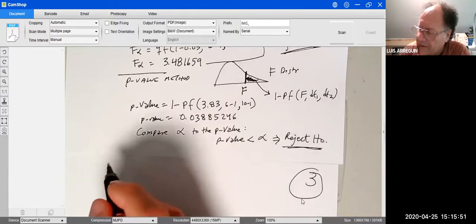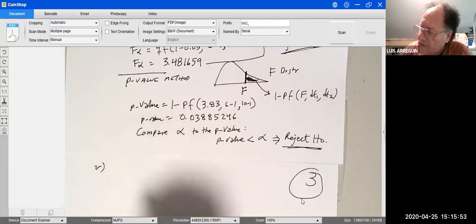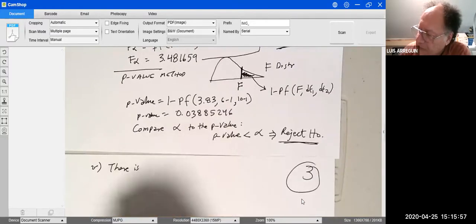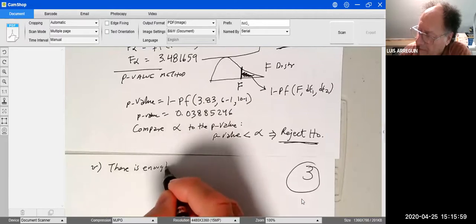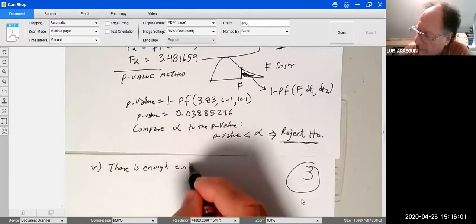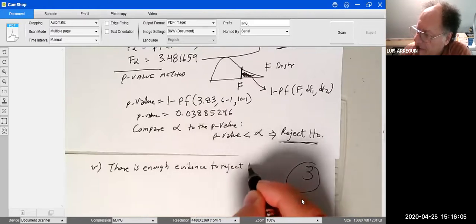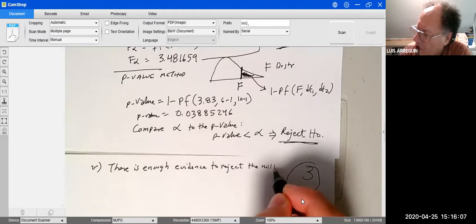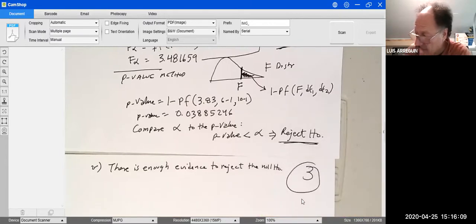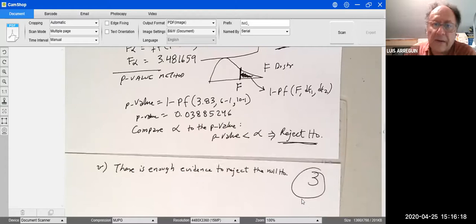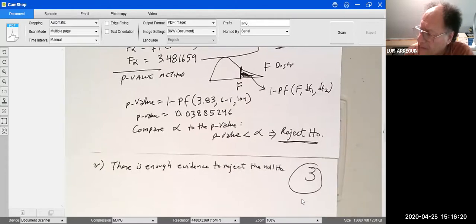So now we're going to write the conclusion. So now you can say that there is enough evidence to reject the null. There is enough evidence from both methods. By using the critical value method or the p-value method, we got the same decision.